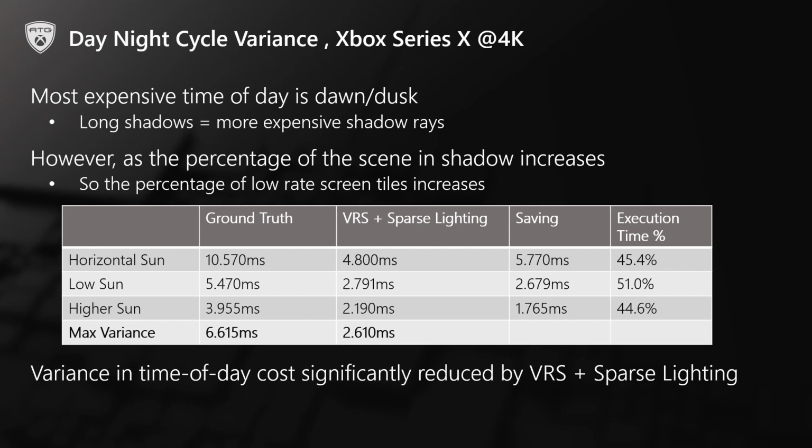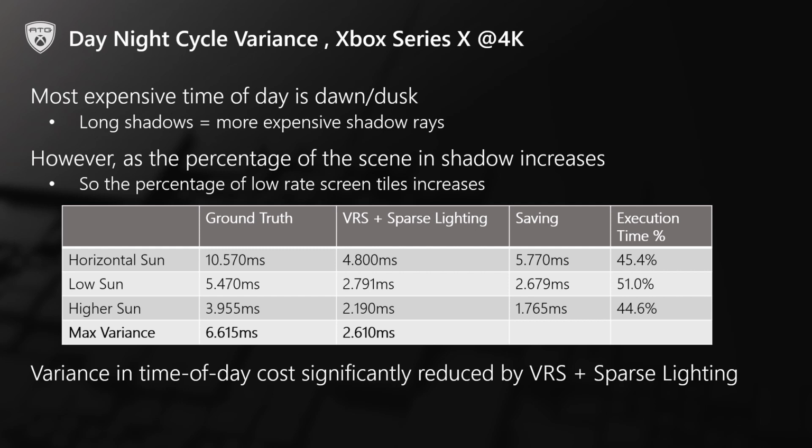As I previously mentioned, the closer you are to sunrise or sunset, the more expensive your shadows get, because the longer the shadows and the more geometry the ray will have to traverse until it escapes the scene, or perhaps even hits something. So you can typically expect that a horizontal sun is much more expensive than an overhead vertical sun.